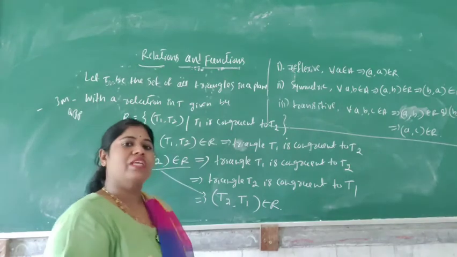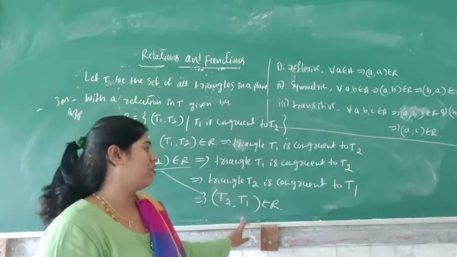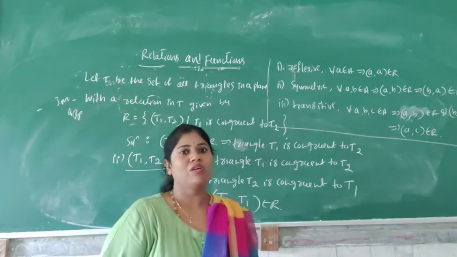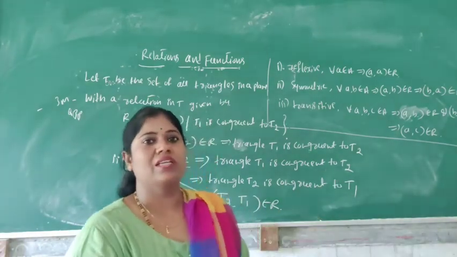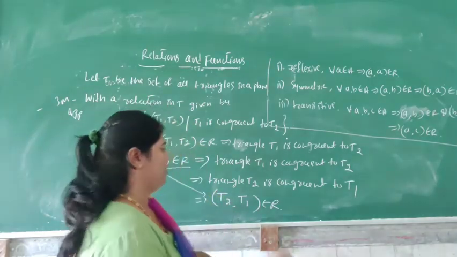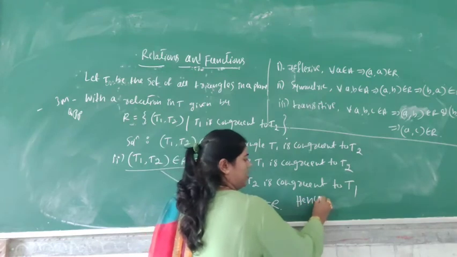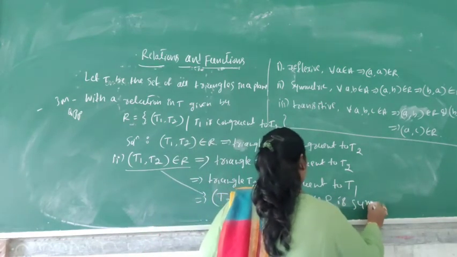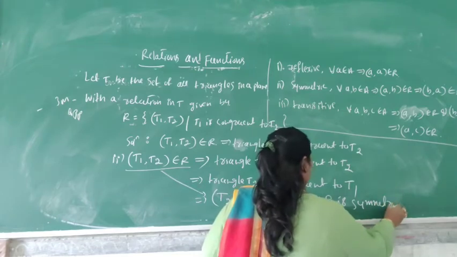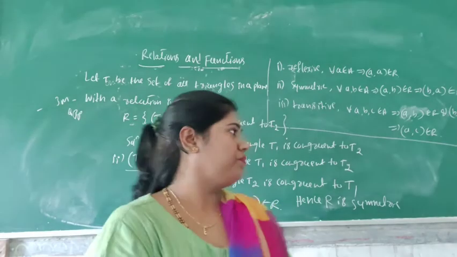So if (T1, T2) belongs to R, it also implies (T2, T1) also belongs to R. Hence, R is a symmetric relation. Okay, you understood this?